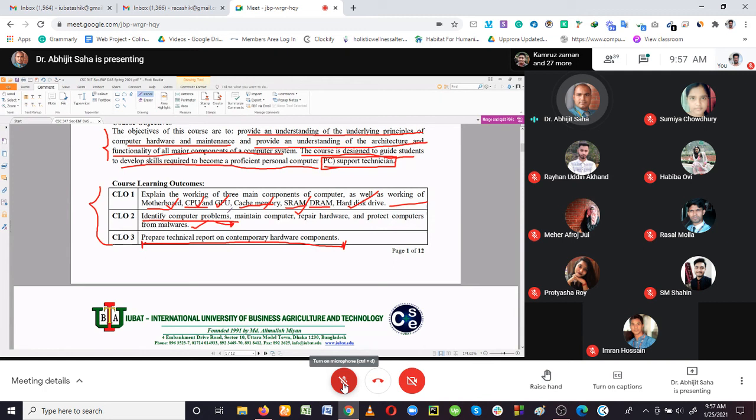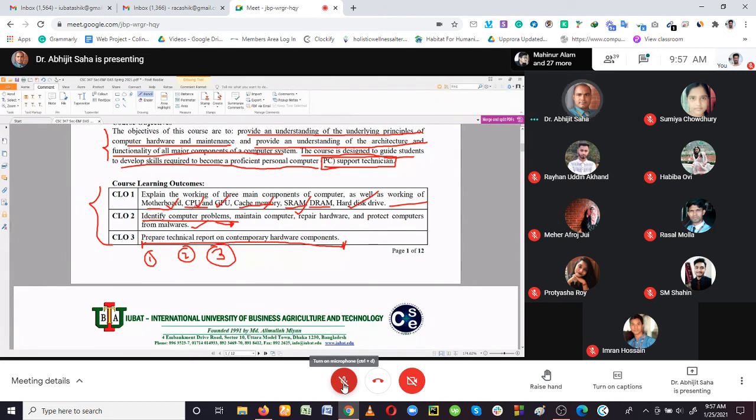These are the usual topics I give to the groups. For example, there are 3 groups, group number 1, group number 2, and group number 3. And we are going to discuss these topics in the class.